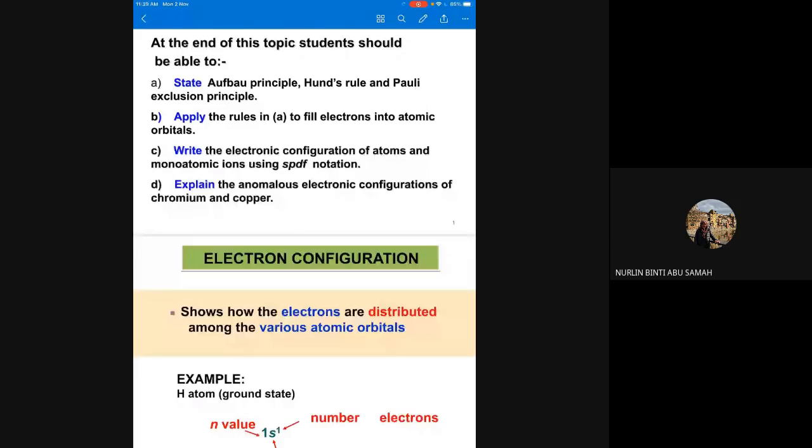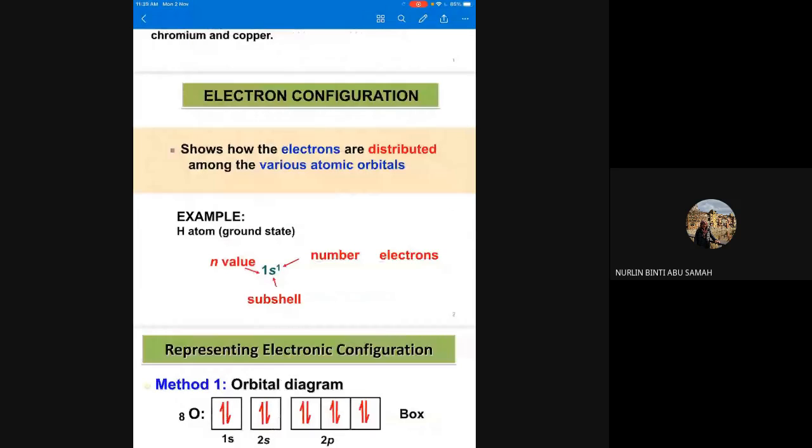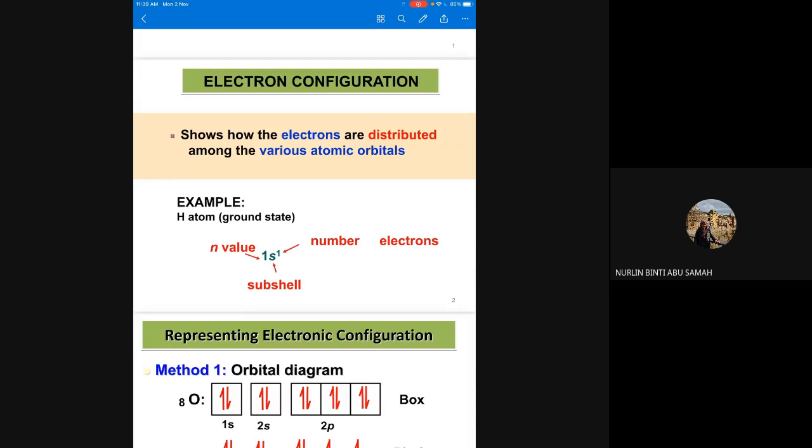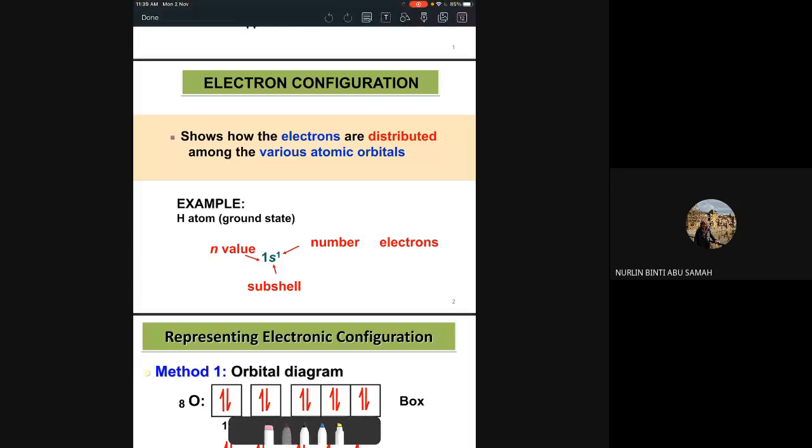Okay, so how can you write the electronic configuration? The very simple example is 1s1. Just like what I mentioned to you, this is n. n is the principal quantum number. This is the subshell, the value for l.